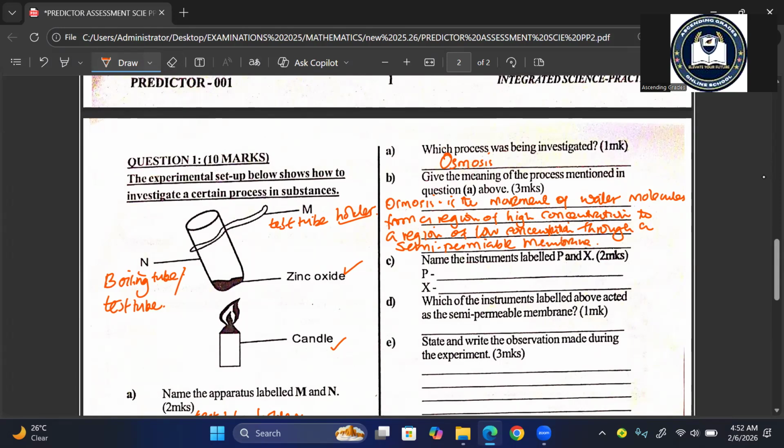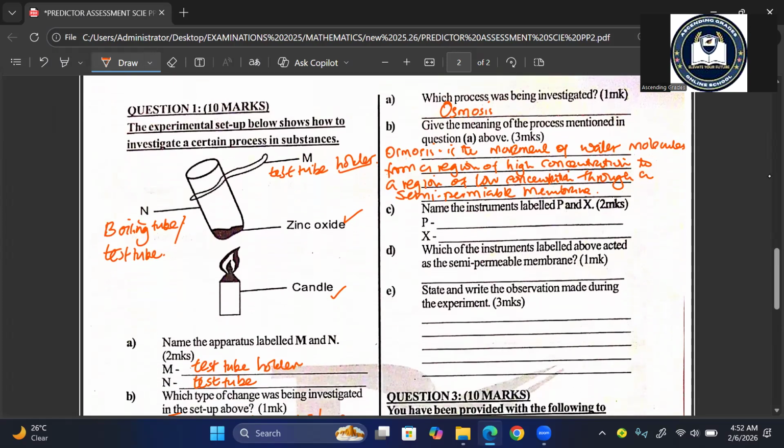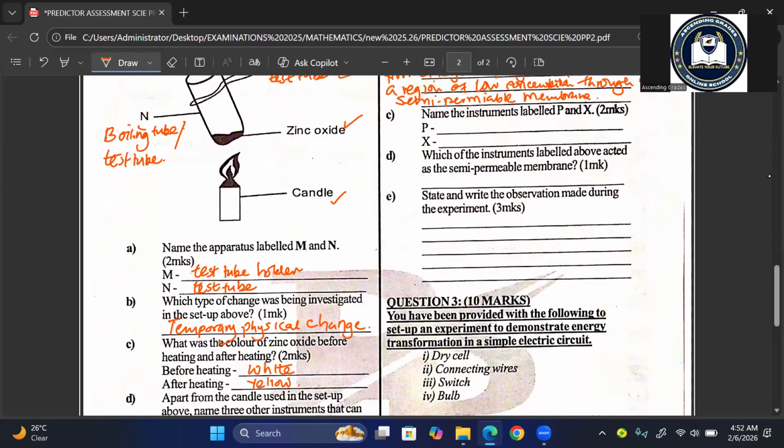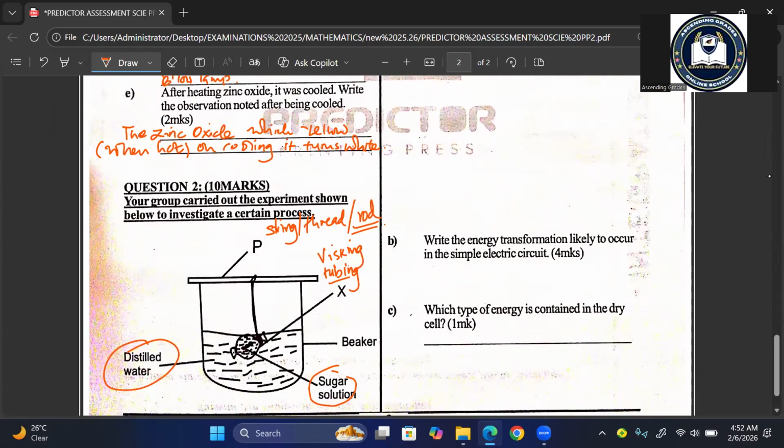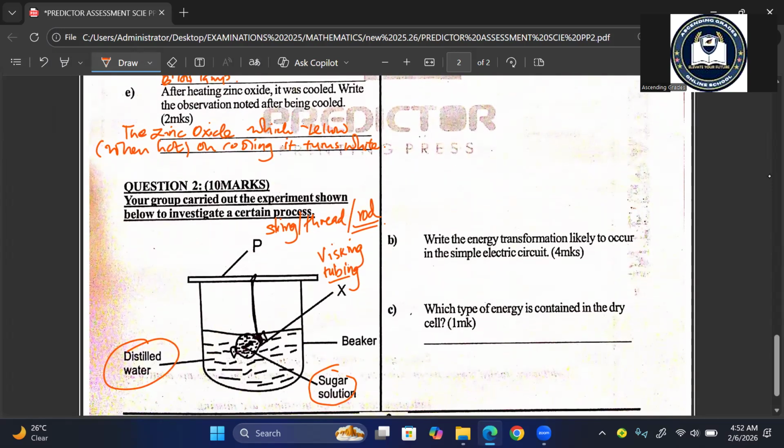So osmosis is just a special form of diffusion. But here there must be a barrier or a place of transition, and that is a semi-permeable membrane. We have the parts labeled P, that is the string, thread, or a rod.